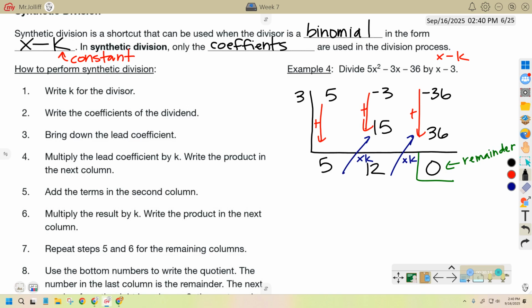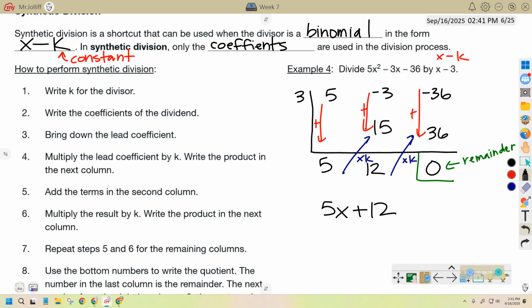It's a linear. My answer is 5x plus 12. 5x squared minus 3x minus 36 divided by x minus 3 is 5x plus 12. No remainder. Yeah?